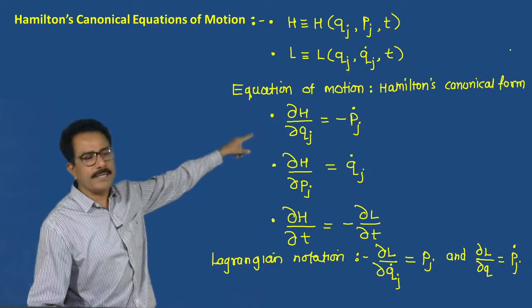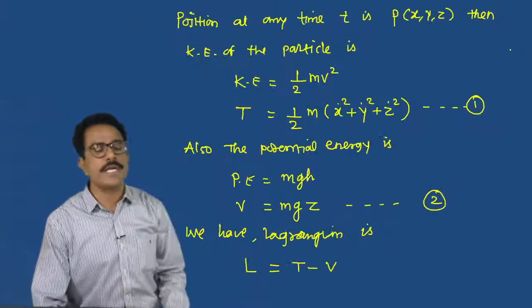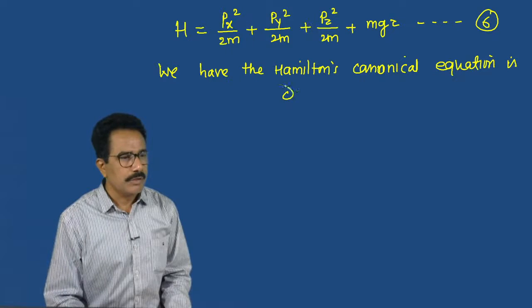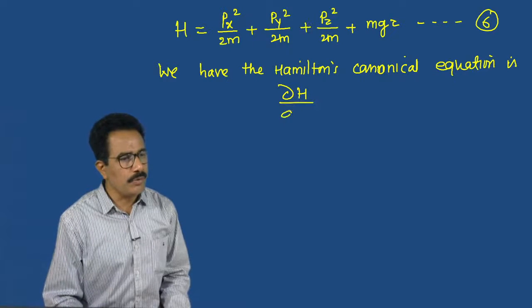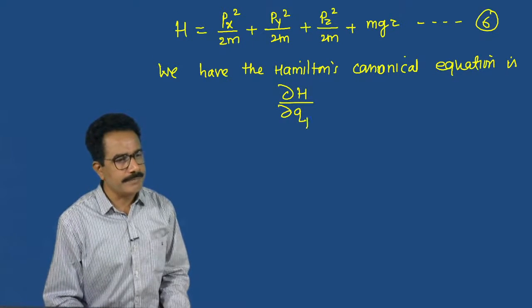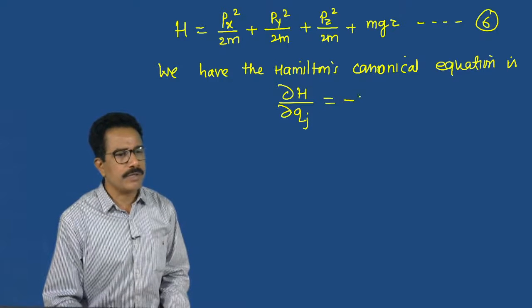So we can write dou H by dou qj is equal to minus pj dot.